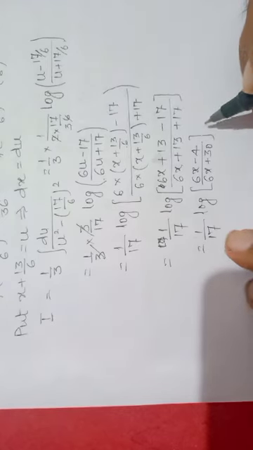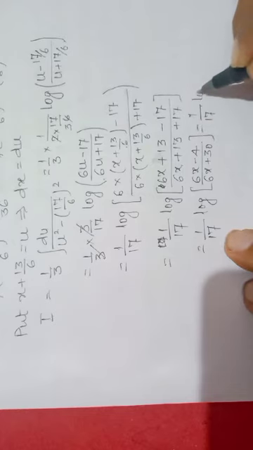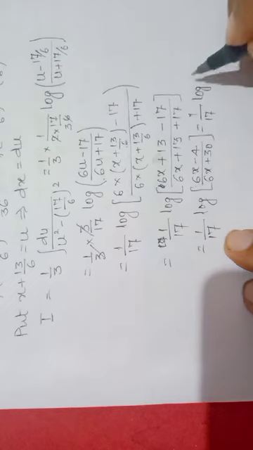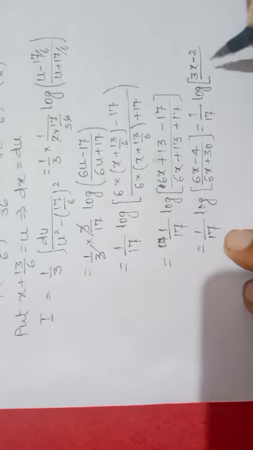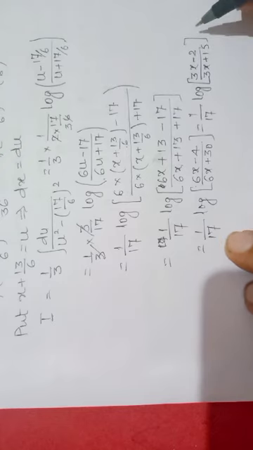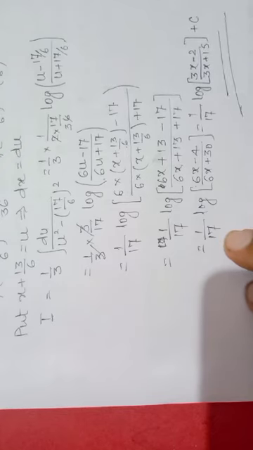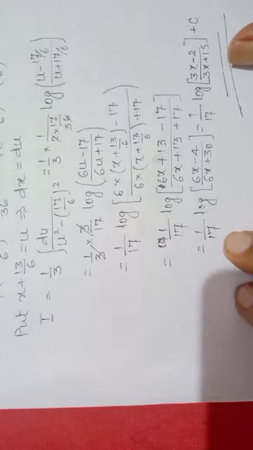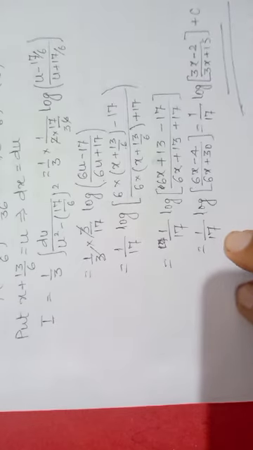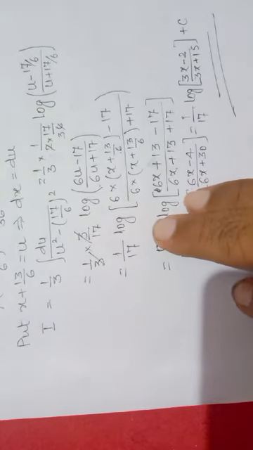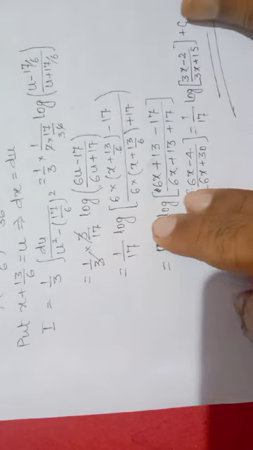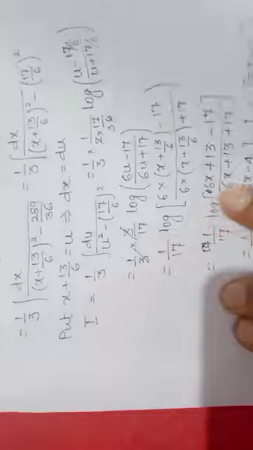So we should write here 1 by 17 log, this 2 and 2 should be cancelled, (3x minus 2) upon (3x plus 15) plus integral constant c. See children, these are very long questions, so you must integrate very carefully, otherwise you make some mistake. See the next question.